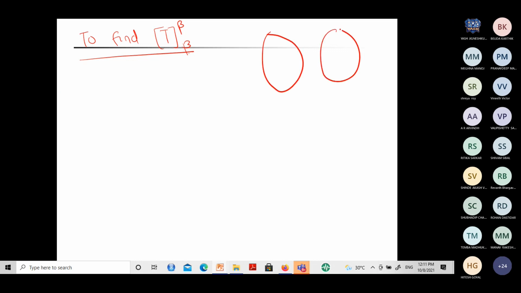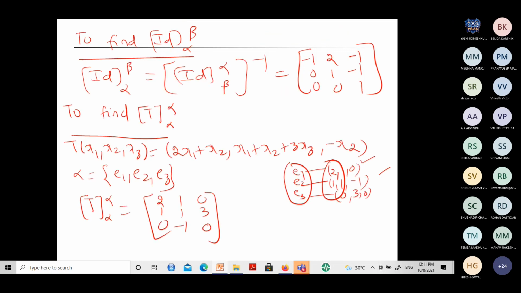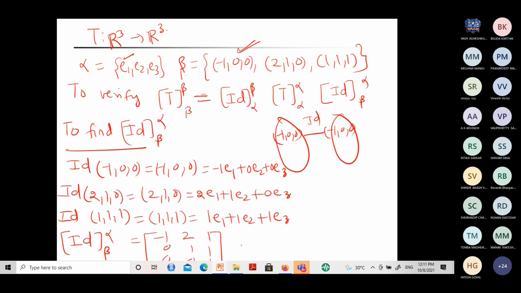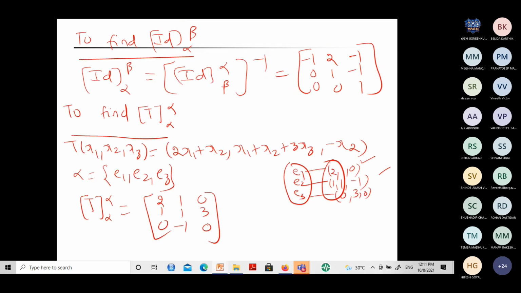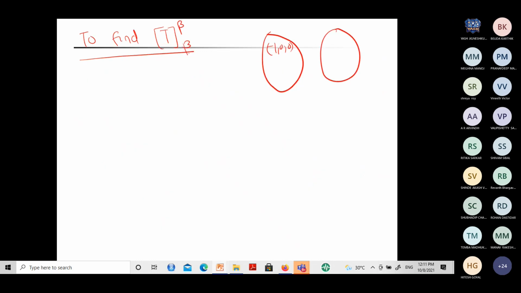Under the linear transformation, what are the beta basis elements? (-1, 0, 0), (2, 1, 0), (1, 1, 1). Under the linear transformation T, where does (-1, 0, 0) go?